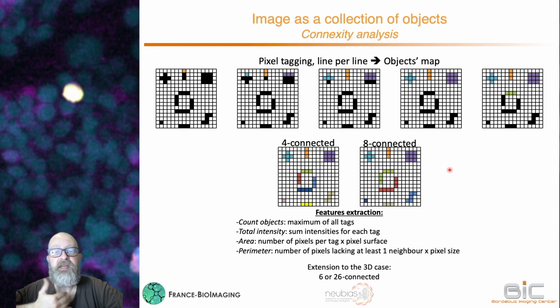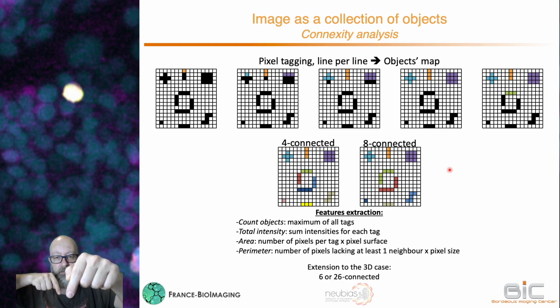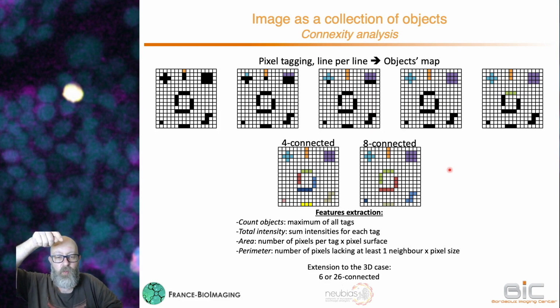This principle can be extended to the 3D case, and instead of having 4 or 8 neighbors, you would have 6 or 26 neighbors. 6 neighbors, meaning that if you're a voxel, a voxel is a pixel in 3D, you've got 4 in the same plane, and you've got 1 on top and 1 on the bottom, so 6-connected.